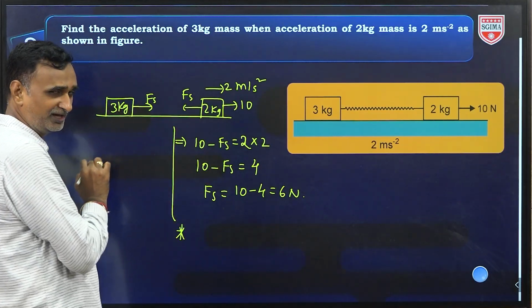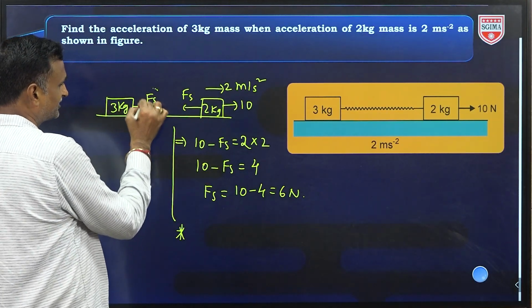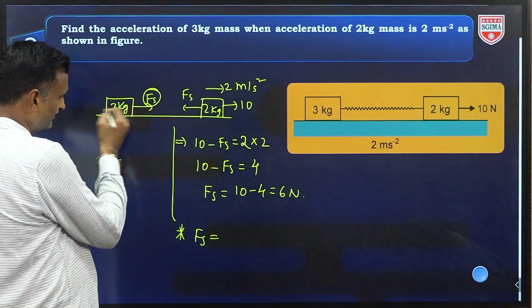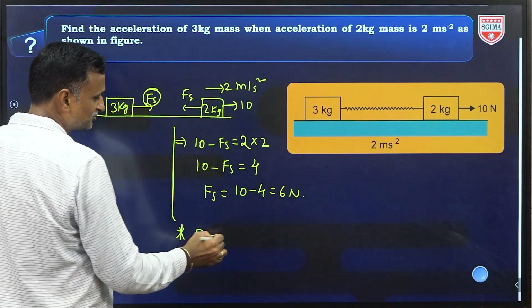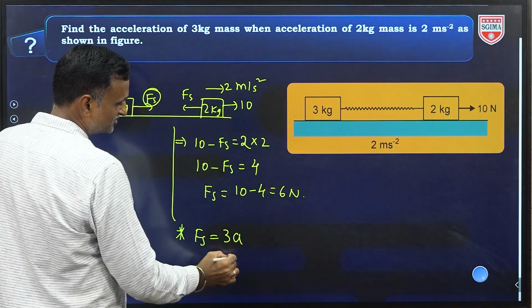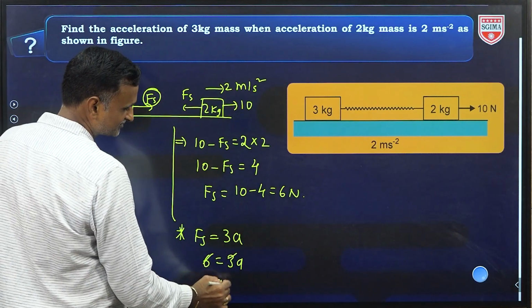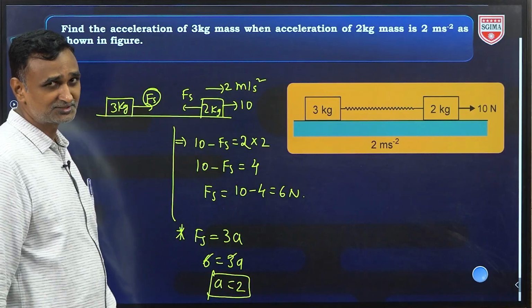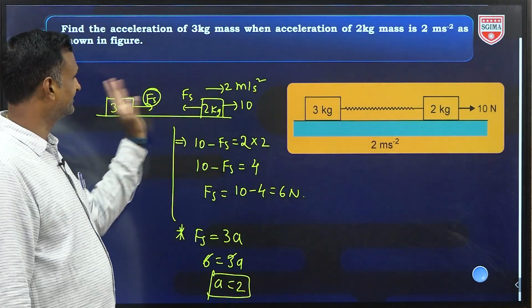This is the 3 kg block, and what is the force acting on the 3 kg block? Fs only, because on the backside no force is there. So Fs equal to 3 into a. Fs value, how much did we get? 6. So 6 equal to 3 into a. Acceleration of the block is 2 meter per second squared here also.